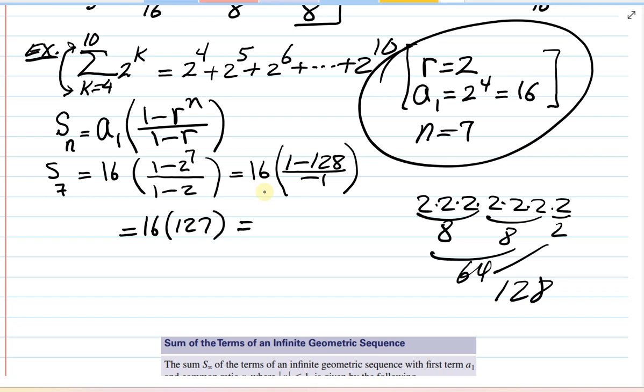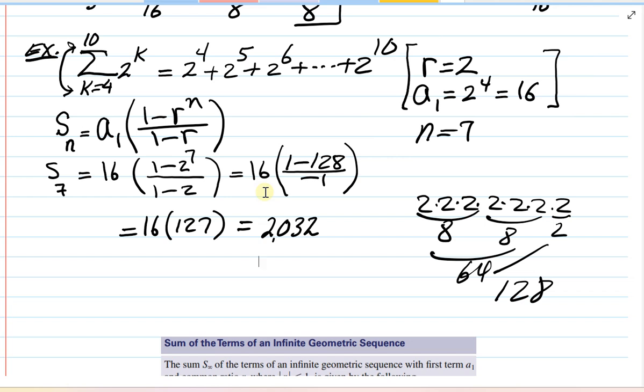Right? So for this one, I just need to multiply 16 times 127. Okay? And for that, honestly, I'm going to use a calculator. That's going to be 2032. That's going to be the sum. Wasn't as large as I thought it would be, but it's still reasonably large. But there is the sum of the first 7 terms.